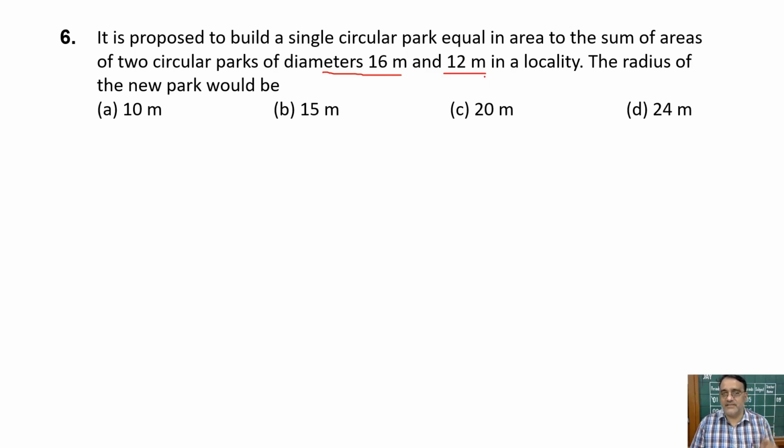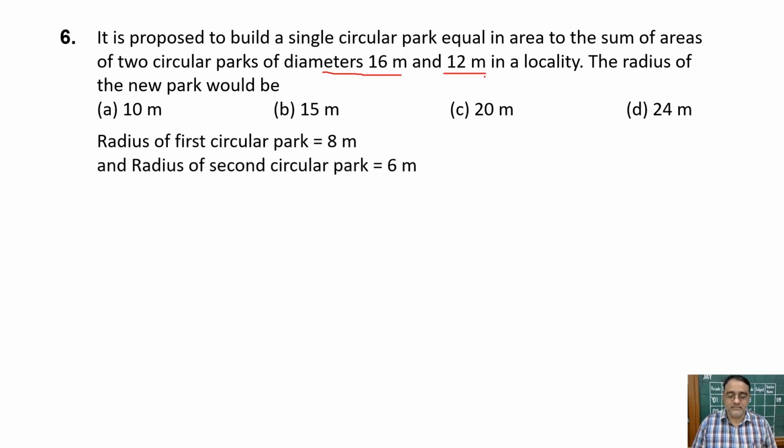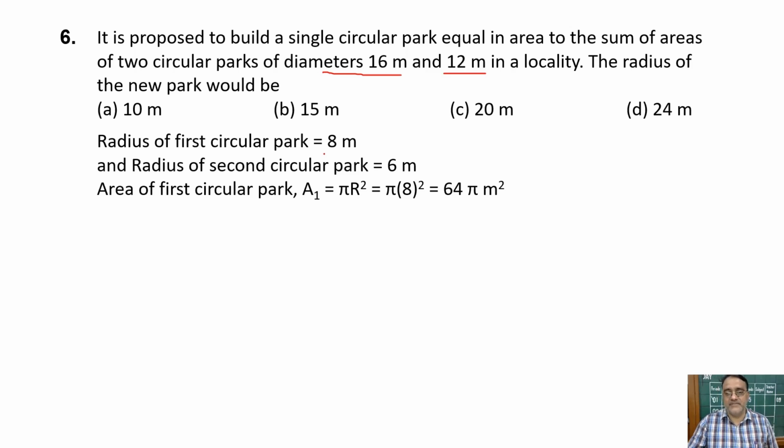So radius of first circular park is 8 meter and the radius of second circular park is 6 meter. Now what is A1? Area of first circular park. It is pi r square formula. So pi 8 square. So that will be 64 pi meter square. This is clear?